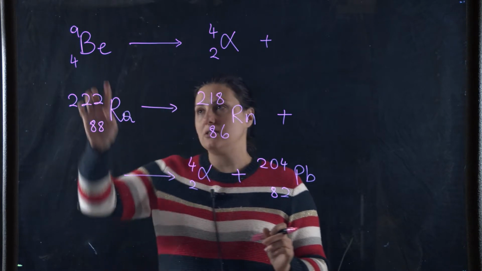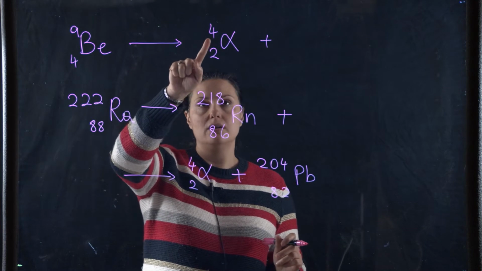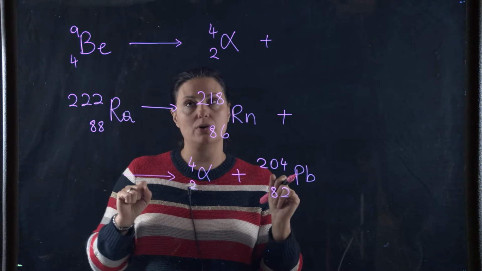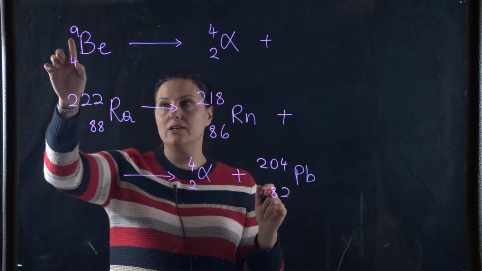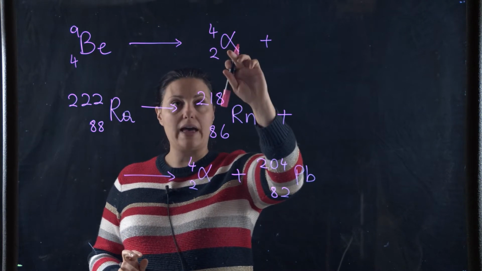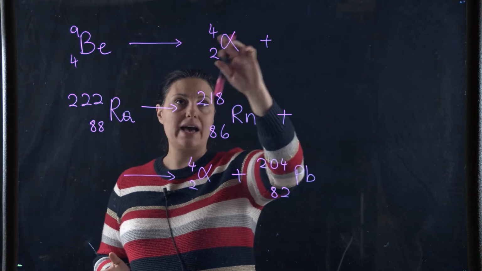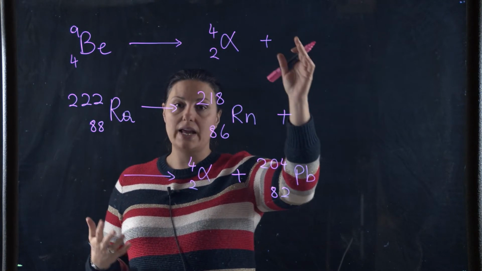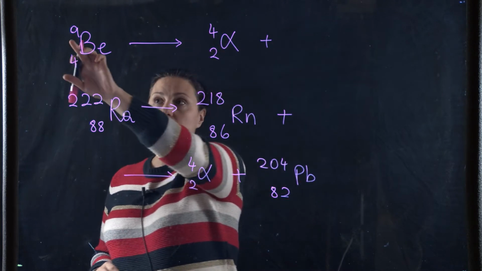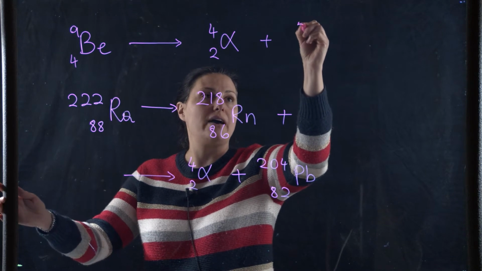What do I mean by that? Well, if my mass number here is 9, then the sum of the mass numbers over here has to equal that same number. So if I have 9 for beryllium, 4 of those is the alpha particle. So the next element has to have a mass number such that if I add it to the 4, it will give me 9, which means 9 minus 4 equals 5.